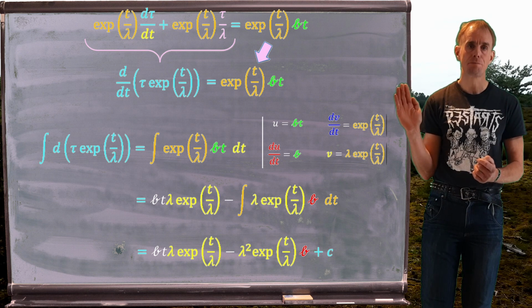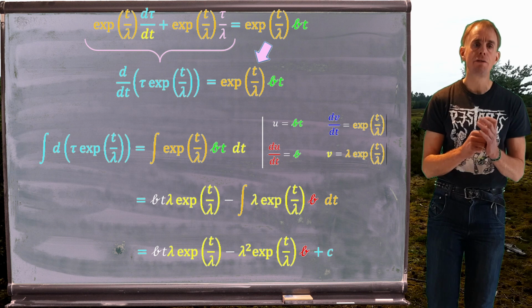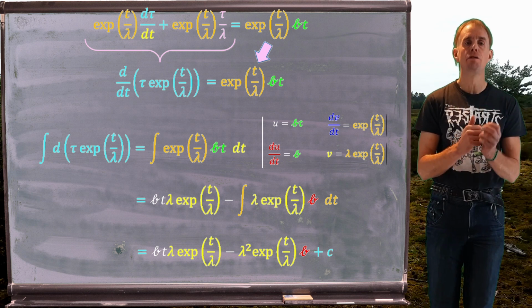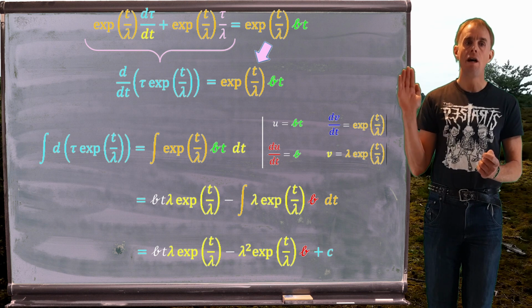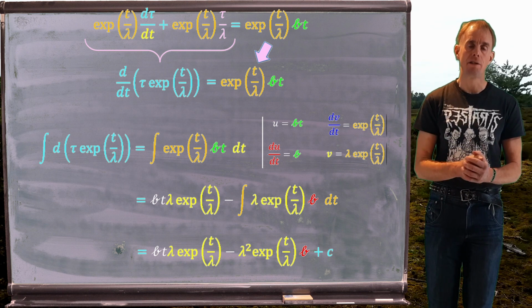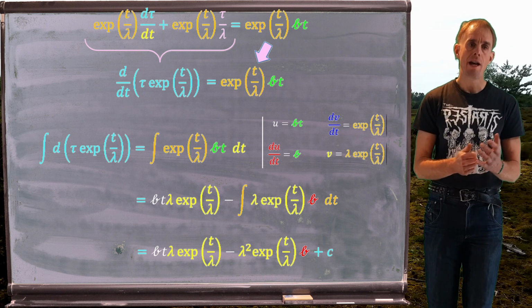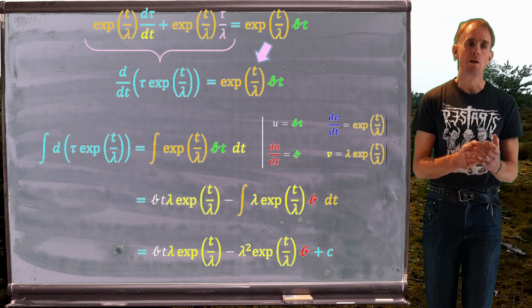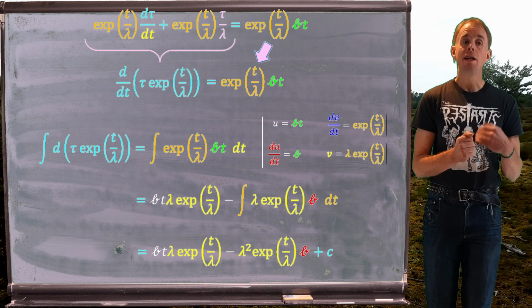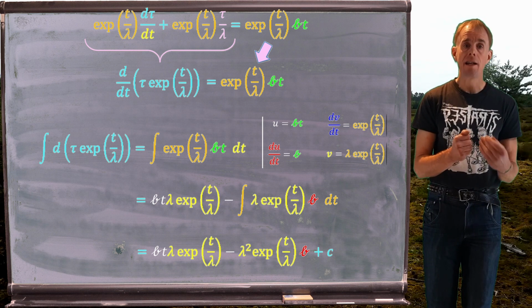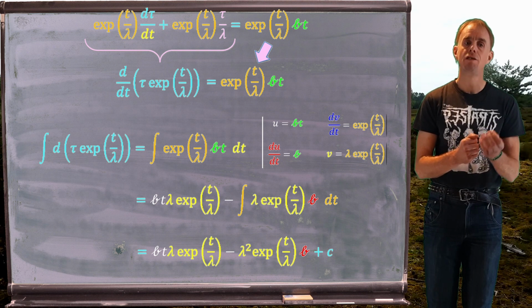Now, consider for a minute if we'd made a different choice for u and dv by dt when we were doing integration by parts. If we'd made, I don't know, dv by dt equal to bt, we'd have integrated that and we'd end up with a term involving t squared.